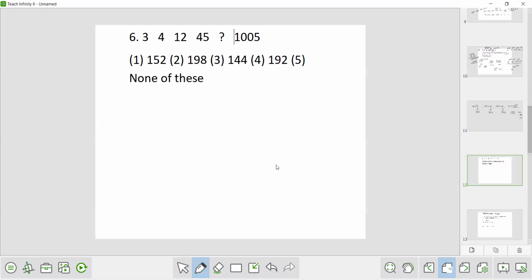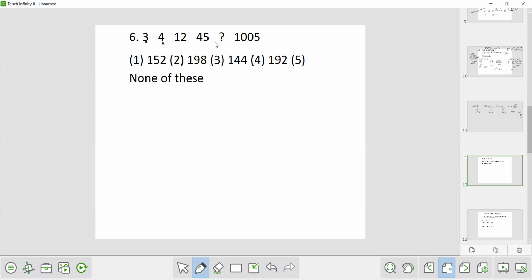Now we will look at another question on this concept only. The series is 3, 4, 12, 45 and 1005. It is increasing disproportionately. So as it is increasing disproportionately, we came to know that this is a concept of maximum slope, meaning something is getting multiplied.